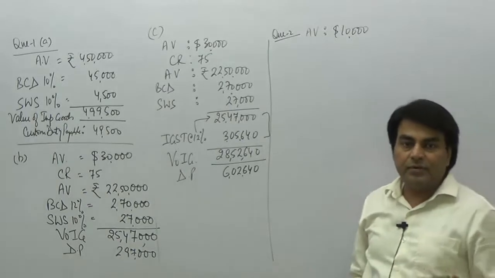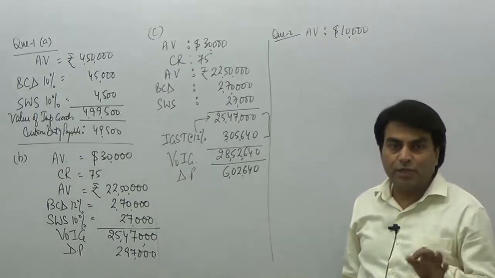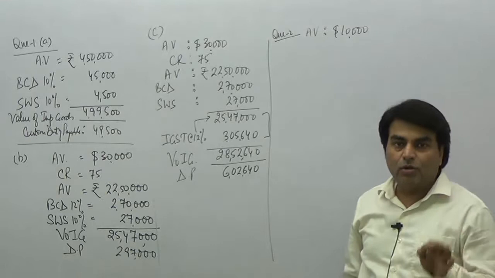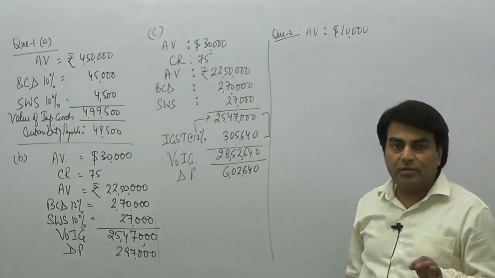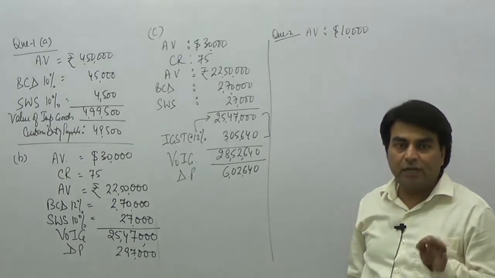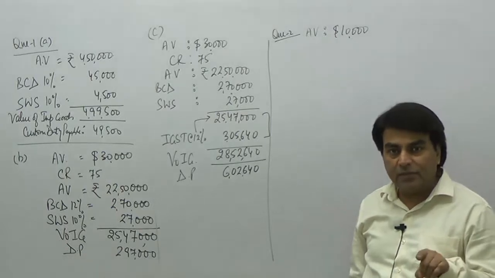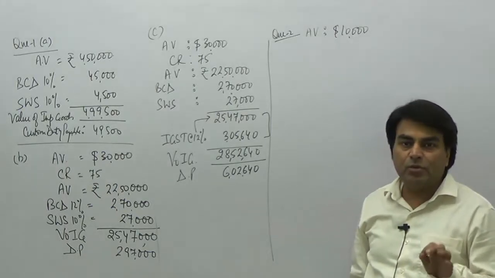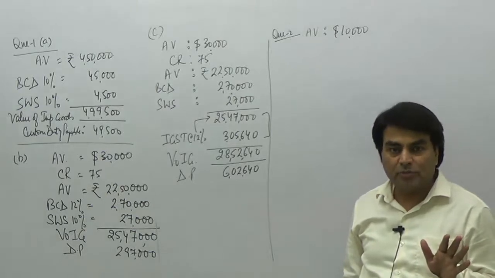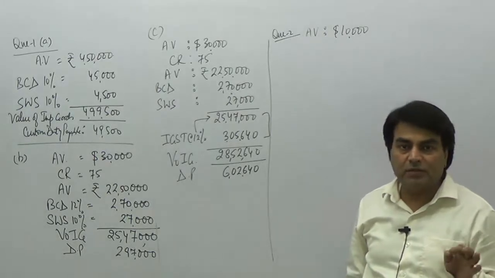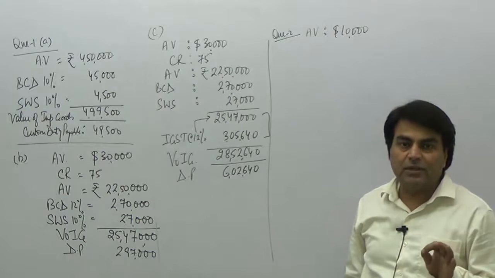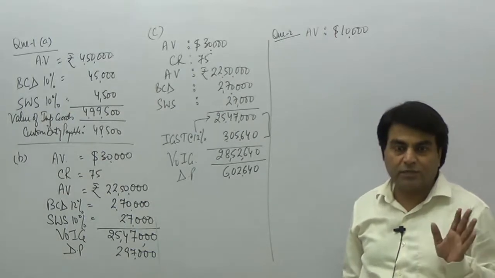Now, let us first decide which duty rate we should take. You all know now that the duty rate which is the rate prevailing on the date of taxable event, that duty rate we need to take here. Okay, the duty rate on the date of taxable event is the relevant duty rate for us.